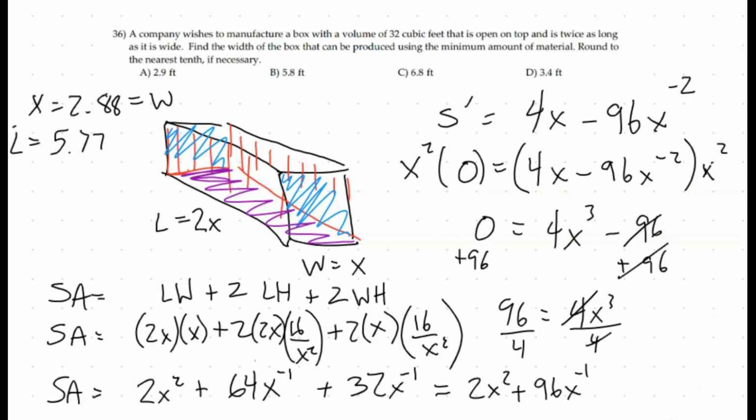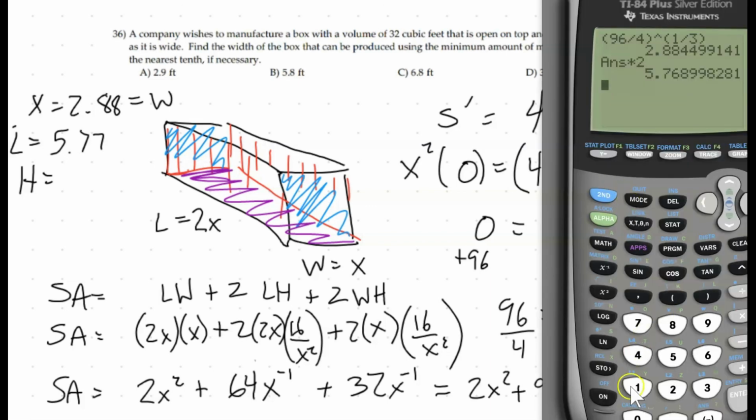And then H, to find the H, remember that formula was 16 over x squared. So we're going to take 16 over 2.88 squared.